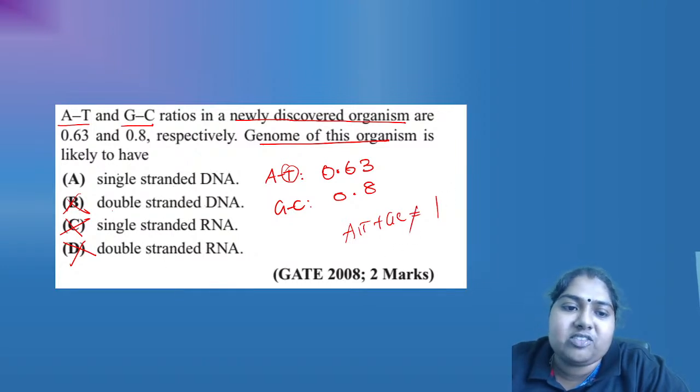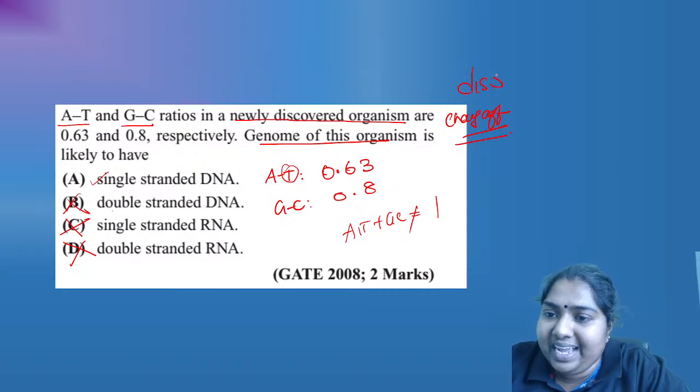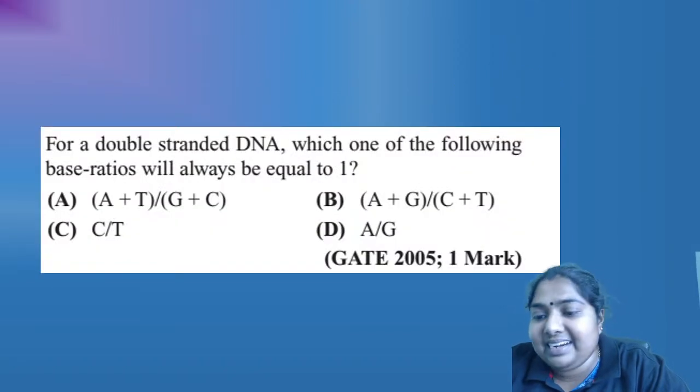So that means it is not obeying your Chargaff rule. Chargaff rule is disobeyed. That means definitely it is not going to be a double-stranded DNA. If it is not a double-stranded DNA, bright chances are there that it is going to be your single-stranded DNA. Yes, Ramakrishna, correct.